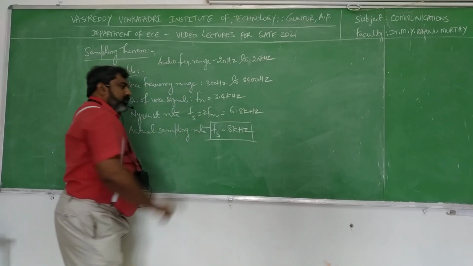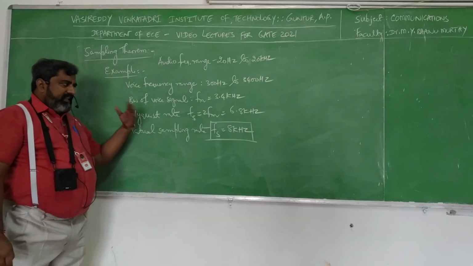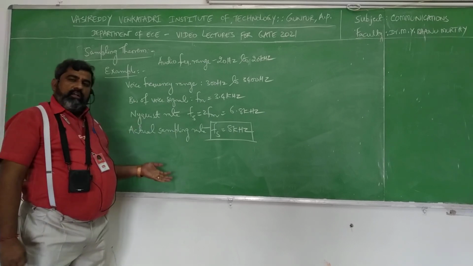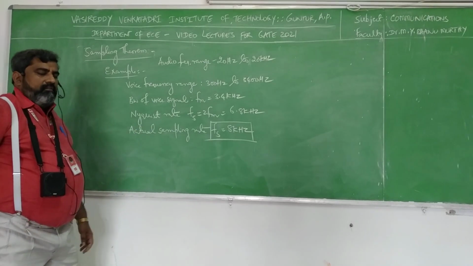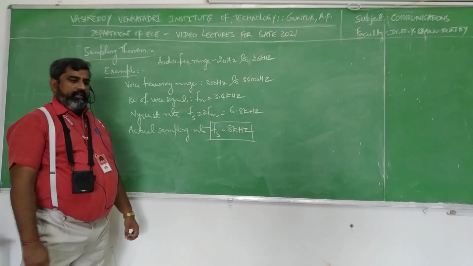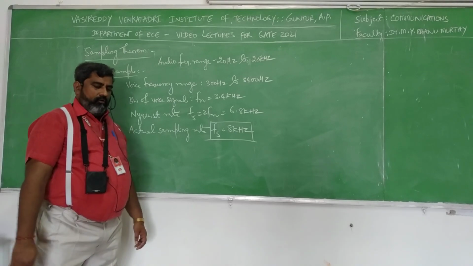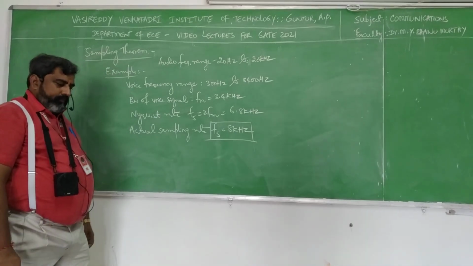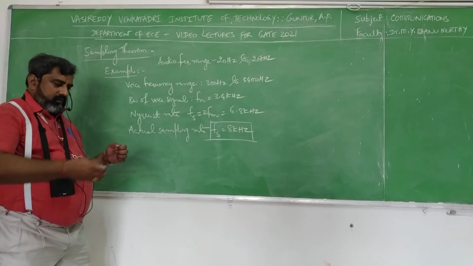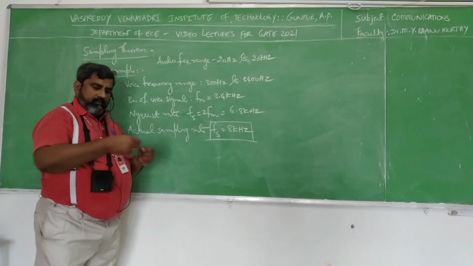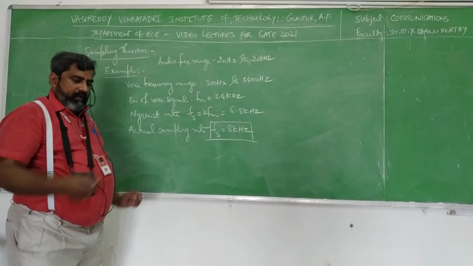So where is this applied? That is the next question. This example is applied for our telephone communication. If you take a landline phone, for example, from your house you are connected to the nearest telephone exchange using the twisted pair cable, like the copper wire.